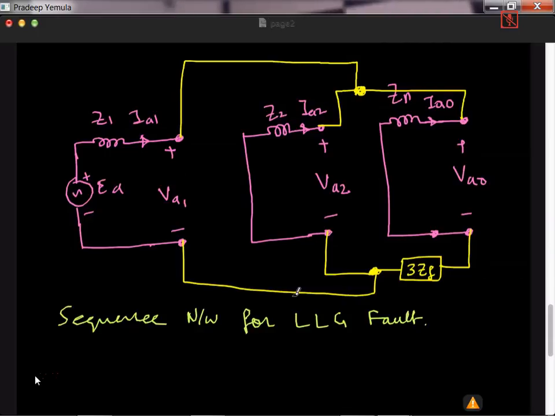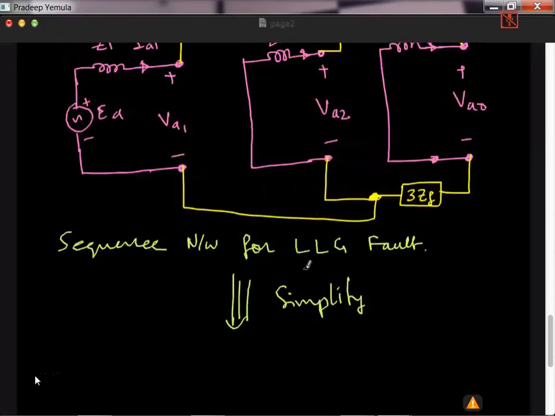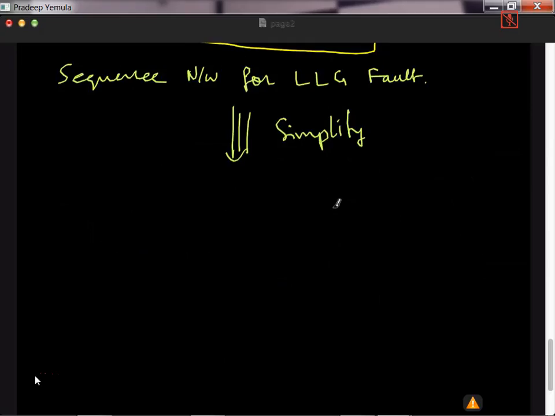Now I can ask a question, what is IA1? How to find IA1 in this? You notice that there is a parallel branch here. So let's simplify the circuit. See this branch, Zn and 3Zf are in series.